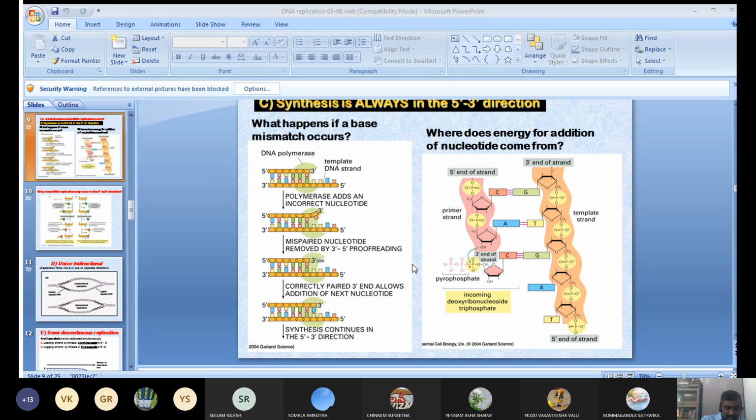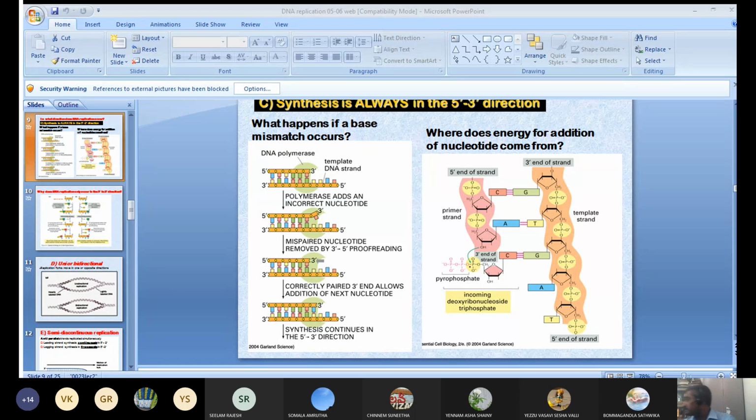This alpha phosphate interacts with the 3' OH group of the deoxyribose sugar and forms a phosphodiester bond. The remaining part is the pyrophosphate, two phosphates, P2O5 minus.